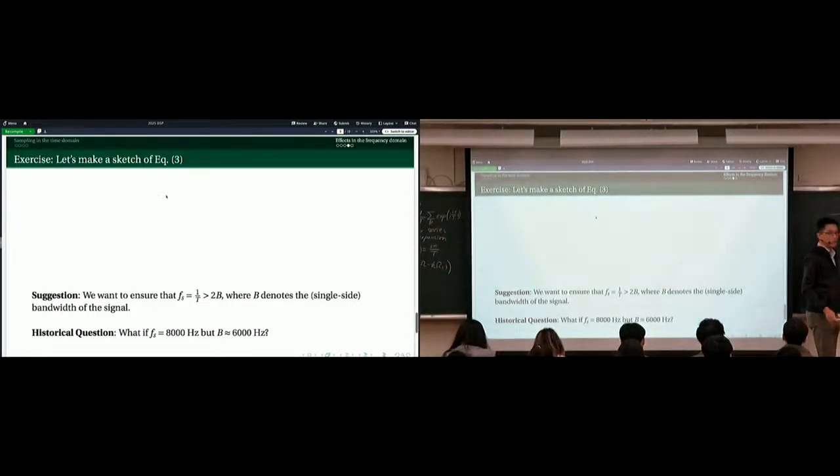So let's assume that the original signal has a band-limited spectrum. Okay? Assume that it's band-limited. And so, maybe just draw an arbitrary triangle with equal sides, emphasizing the symmetry.